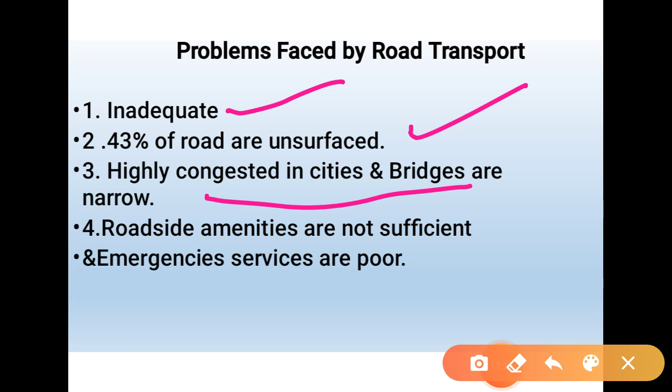If we talk about the cities, the roads of the cities are highly congested. There are too many conveyances and vehicles, and the bridges are narrow, so they are not giving full facility for heavy vehicles. Roadside amenities are not sufficient. The different amenities which should be provided roadside are not sufficient, and emergency services are very poor.